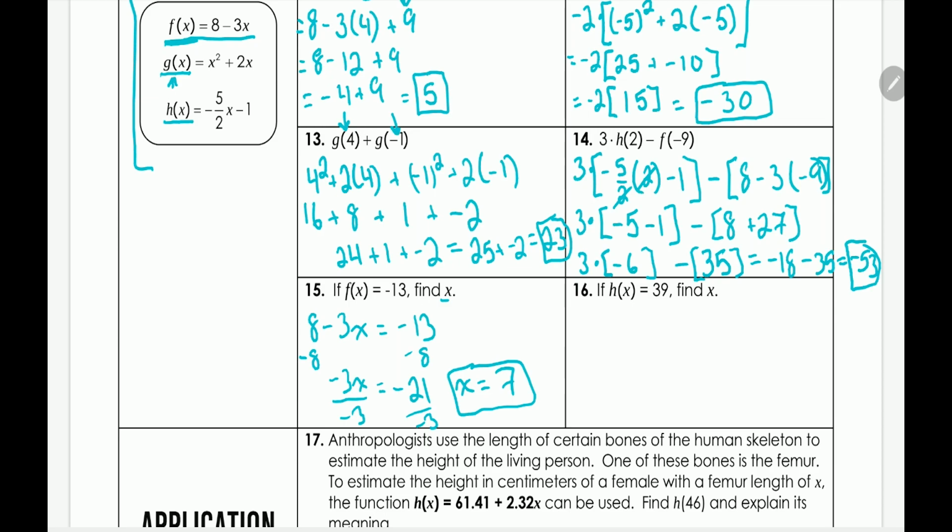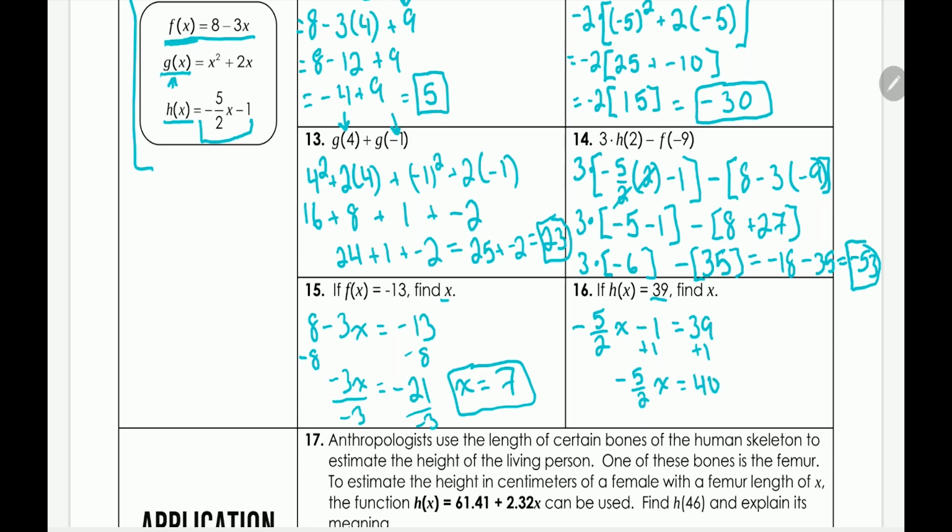And now for number 16, we have if h of x is equal to 39, we're asked to find x. H of x, if you look over here, is negative 5 over 2x minus 1 is equal to 39. Now we have to solve this guy, so we're going to add 1 to both sides. We have negative 5 over 2x is equal to 40.